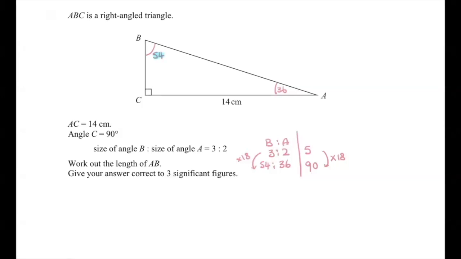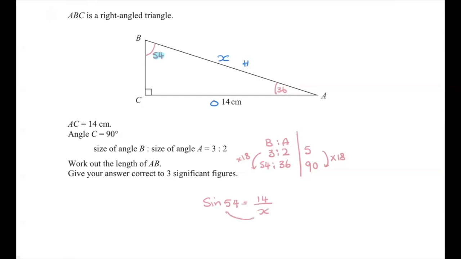I'm going to go with 54. 54 means that 14 is my opposite, and the side that I want is the hypotenuse. So I've got O and H, which is the sine function. So I have got sine 54 equaling my opposite 14 over my hypotenuse, which is my missing number x.